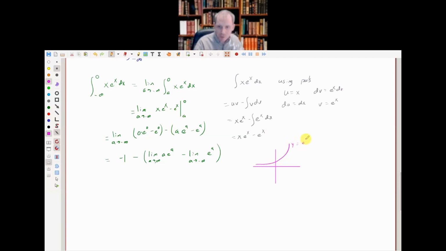If I have y equals e to the x, as my x's go to infinity, the y values go up to infinity. As my x values go down to negative infinity, the y values are going to approach 0. So as a goes to negative infinity, e to the a is going to approach 0. So this limit is 0.